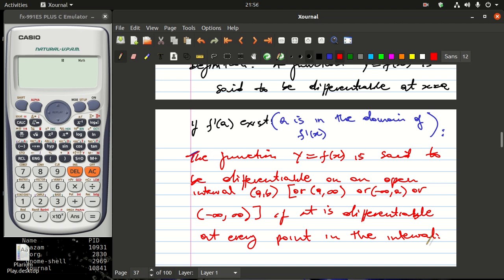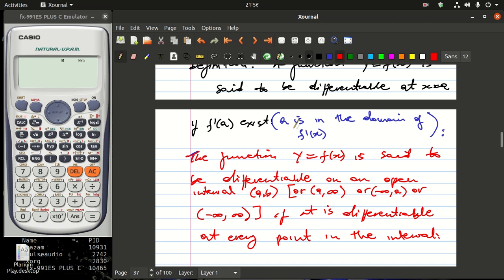So what this is saying is that this function is differentiable on this interval, or that one, if and only if this interval is part of the domain of f prime of x. What is important here is that once you get this function, find its domain.